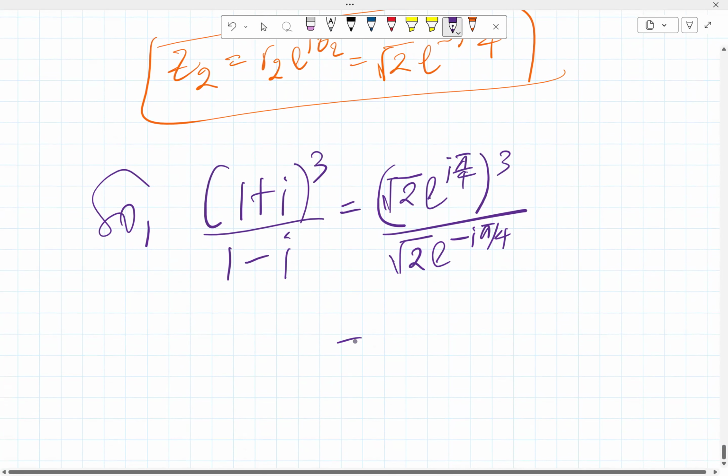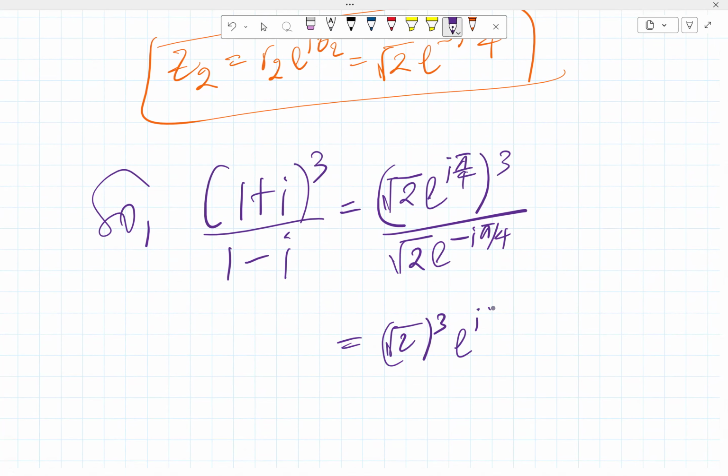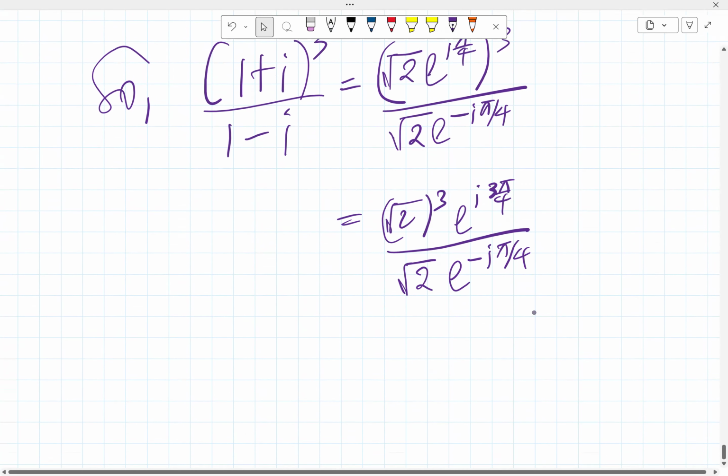So we go carefully now. This is root 2 raised to the power 3, and then e raised to the power i 3 pi over 4, that's i pi over 4 times 3, all over root 2 e raised to the power minus i pi over 4.